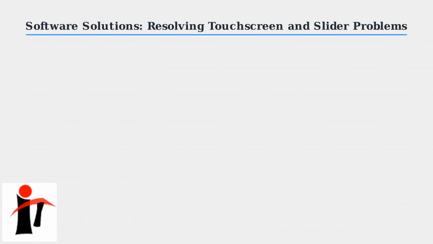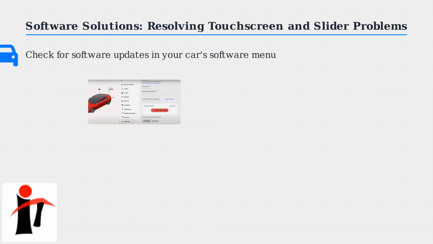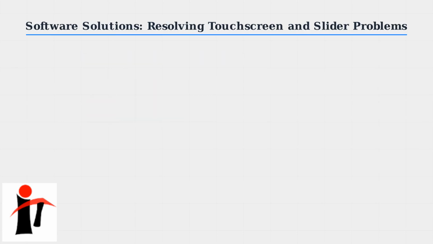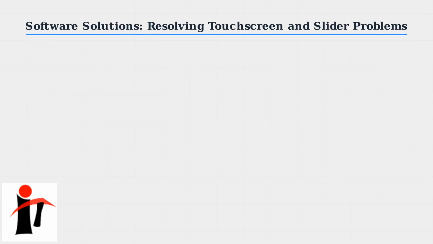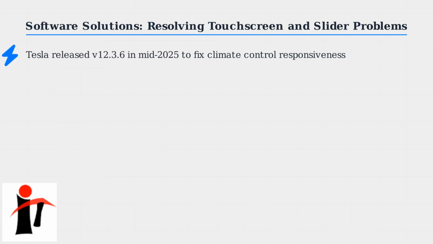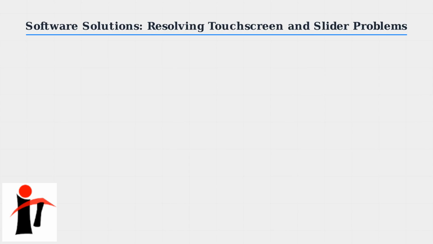Many touchscreen and slider issues in Tesla Model 3 can be resolved through software solutions. First, check for the latest software version directly in your car's software menu. Alternatively, you can check for updates using the Tesla mobile app on your smartphone. Tesla has released specific updates, such as version 12.3.6 in mid-2025, which addresses touchscreen and slider problems related to climate control.